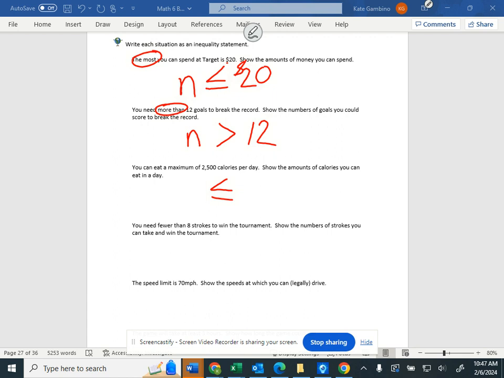Or do I want my calories to be less than 2,500? Zelda? You want your calories to be less than 2,500? Yeah, so I want my 2,500 over here because that's what we can be equal to or less than. So my number has to be less than or equal to 2,500.